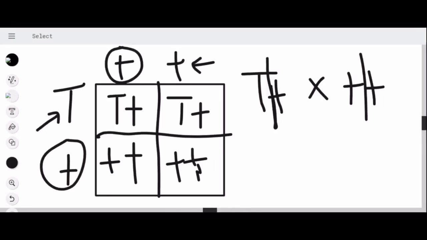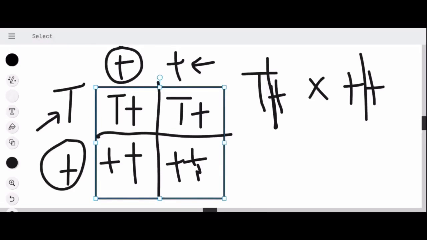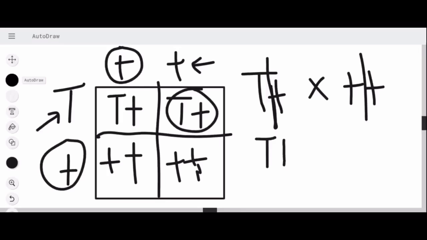So if they were to have a child, 1 out of 4 times it will have this genotype. 1 out of 4 times, it will have this genotype. I'm sorry, it's not cooperating. It will have this genotype. Meaning you have that. I can't draw. Something is wrong here. Here.